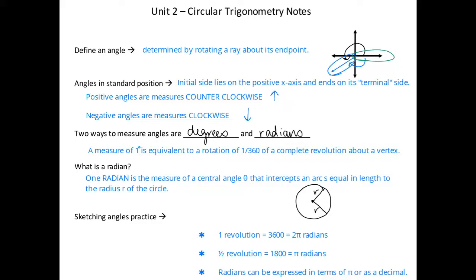Well, the measure of angle theta is equal to the arc length, which we'll refer to as S. So theta equals 1 radian if the radius is equal to the arc length at that opening. So if theta opens up to the length of the radius across the circle, then that's considered to be 1 radian.